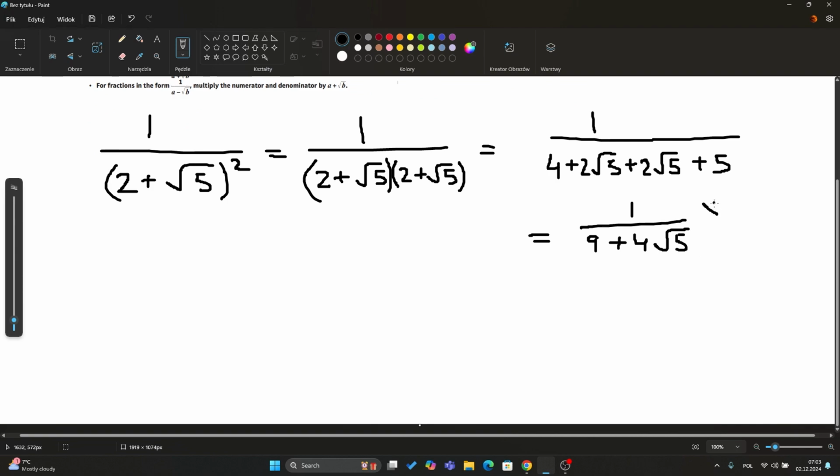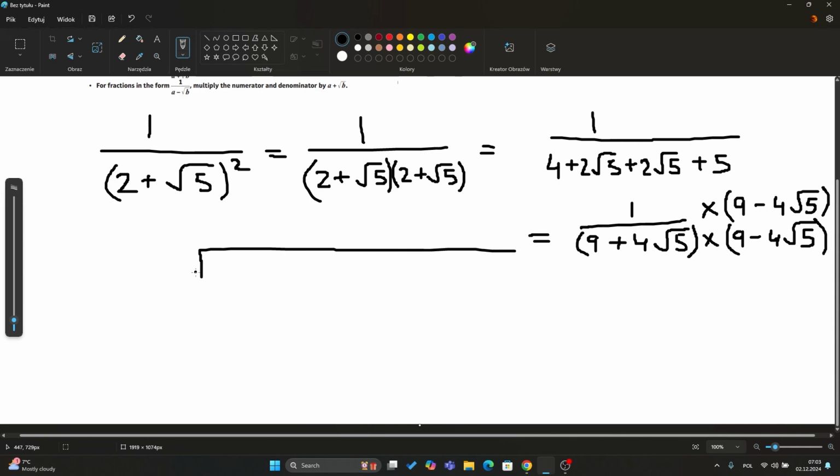So now we can rationalize the denominator by putting the opposite sign, and so this would equal 9 minus 4 root 5 divided by 81 minus 16 times 5, which equals 81 minus 80.